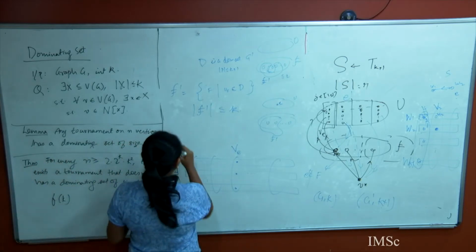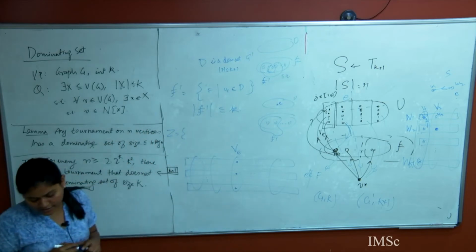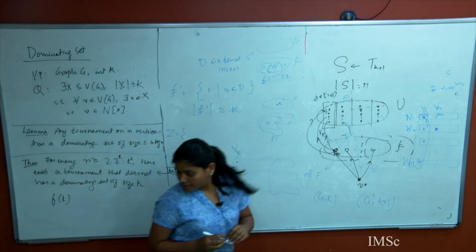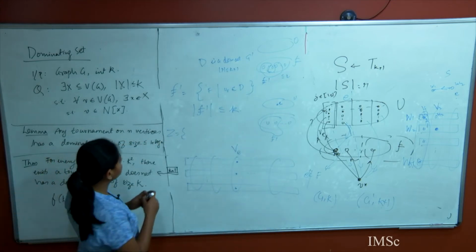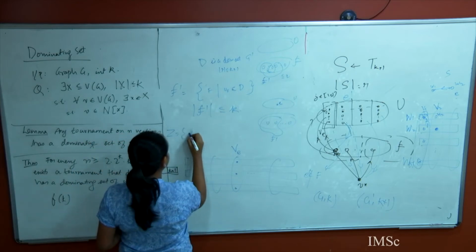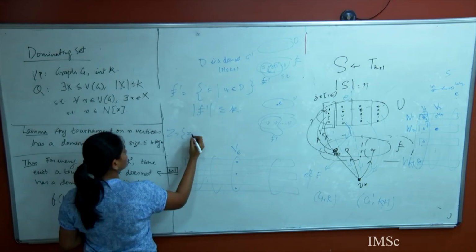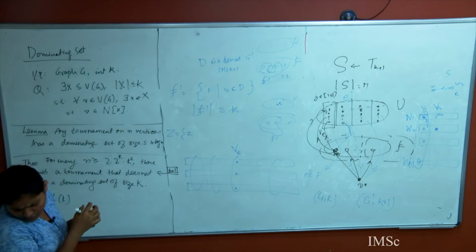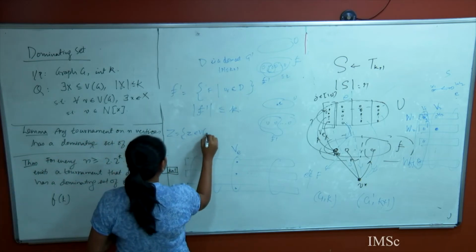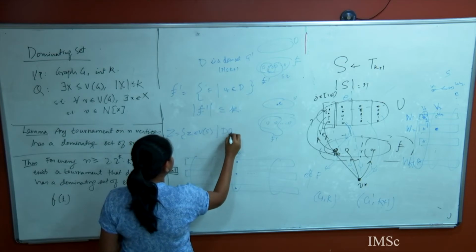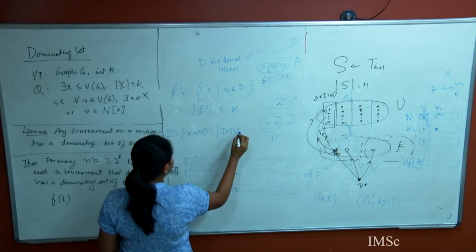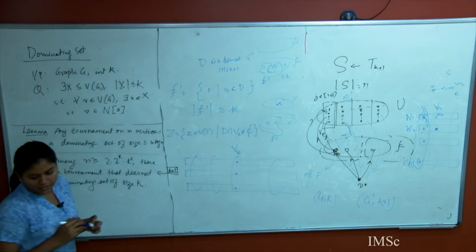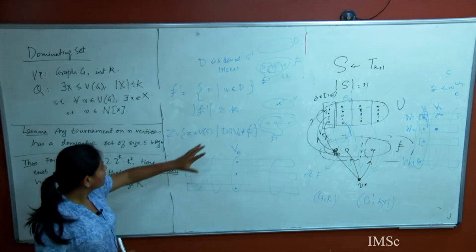Then let us create the set Z as follows. So Z is the set of all those vertices which belong to S. So let us pick, what do we mean by this?